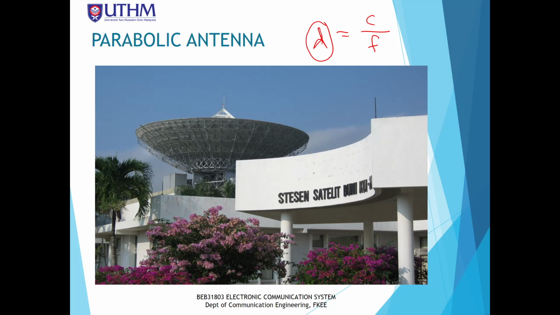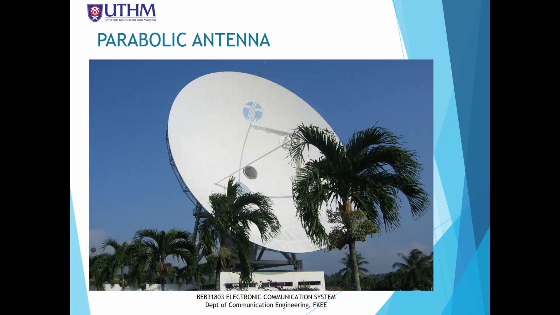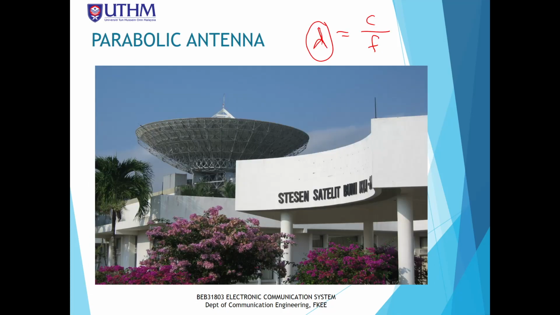So the design of antenna becomes smaller when you use a higher frequency. The bigger the size, we use lower frequency so that we can transmit at longer distance in the ionospheric layer. In the ionospheric layer, we can transmit the lower frequency signal. So ini biasanya untuk television channel.